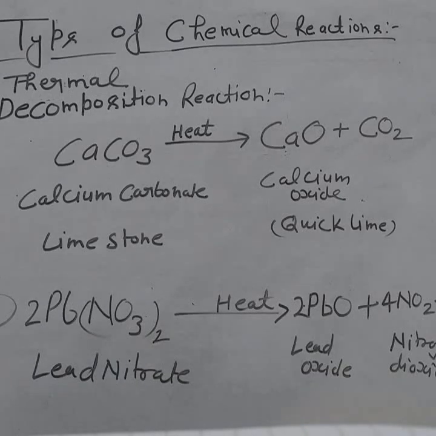An example of thermal decomposition: a reaction brought about by the action of heat is called a thermal decomposition reaction. When calcium carbonate is heated, it breaks down into simpler compounds, calcium oxide and carbon dioxide.